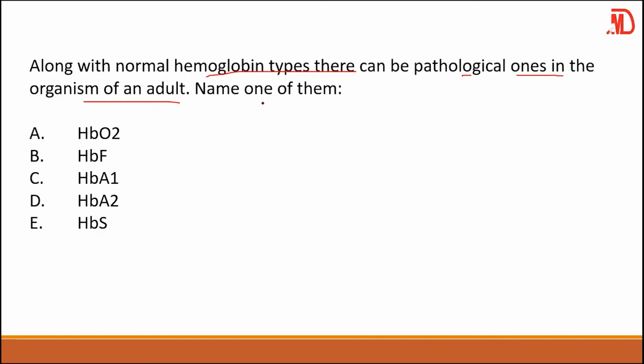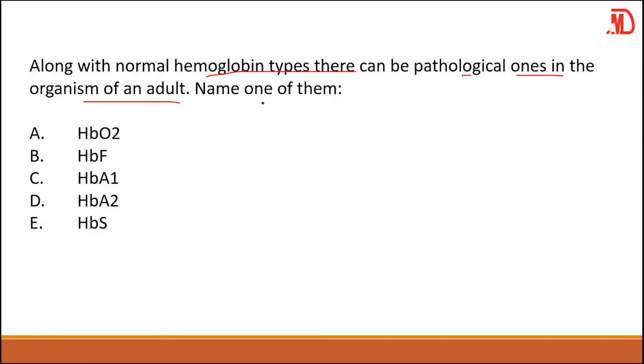Again, it has 2 alpha chains and 2 delta, not beta, chains. We have hemoglobin F, primarily produced by the fetus. Its role is to transport oxygen efficiently in a low oxygen environment. So this is found basically in children or in the fetus.